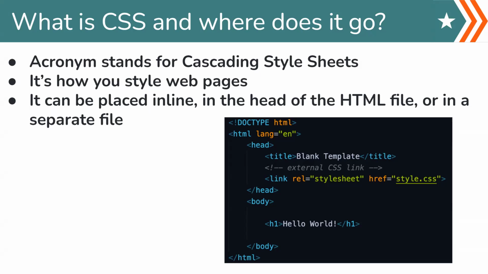CSS is how we style our web pages. If you guys recall from yesterday's imagery, was it yesterday? Yeah, it was yesterday. We said that HTML was the structure of your web page, right? If we were using that human body as an analogy, that was the skeleton of your person.